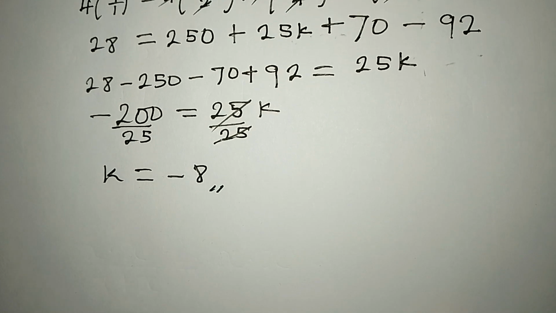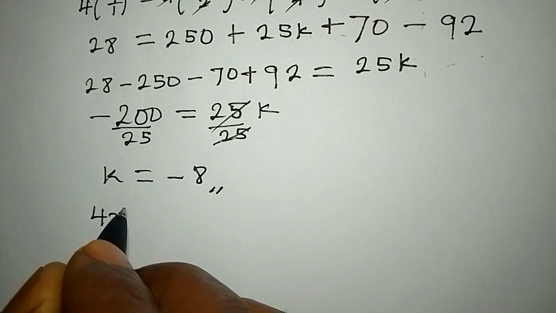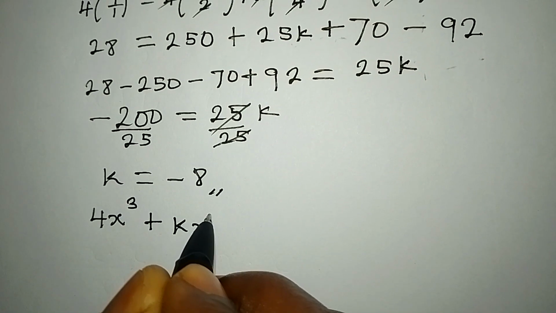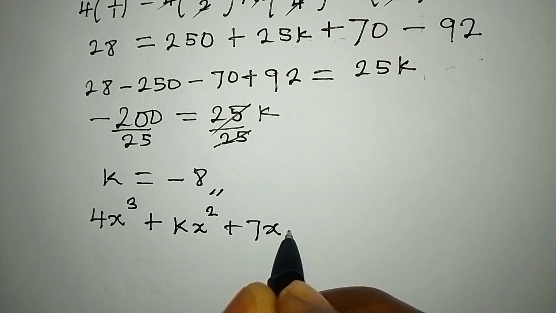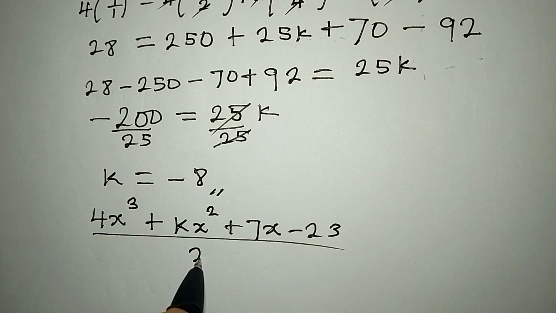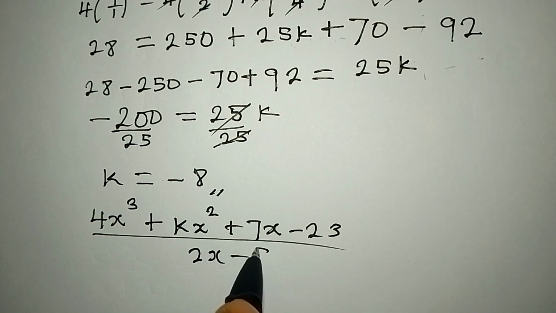Okay, so this means that what we had here before, this 4x to the power of 3 plus kx to the power of 2 plus 7x minus 23, right? Divided by 2x minus 5.